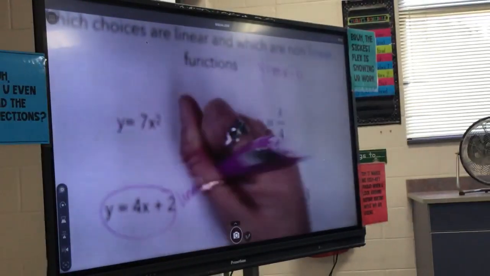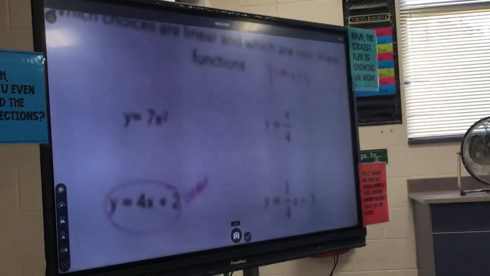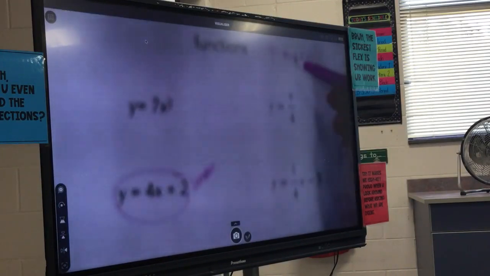Jeffrey. Y equals 4x plus 2. So this is linear. And why is it linear? Yes, because it follows the rule of y equals mx plus b.